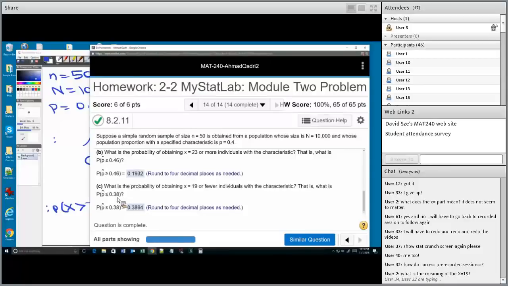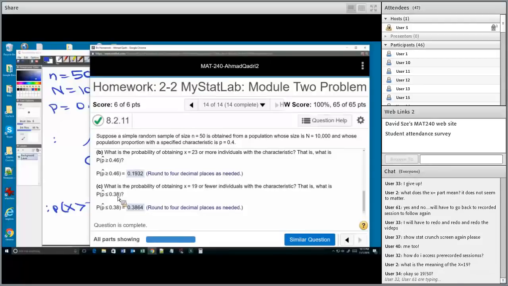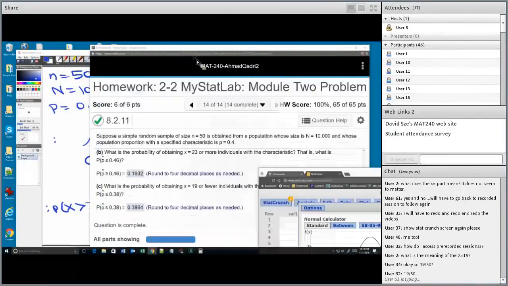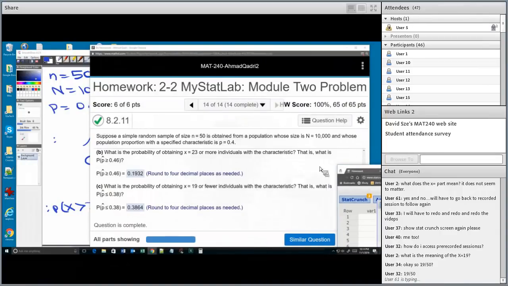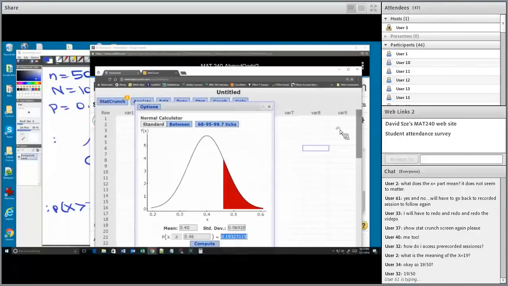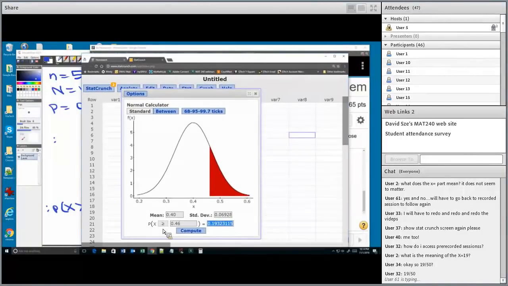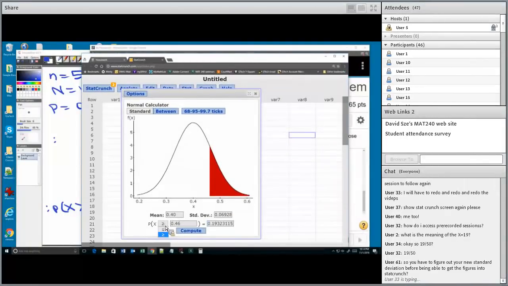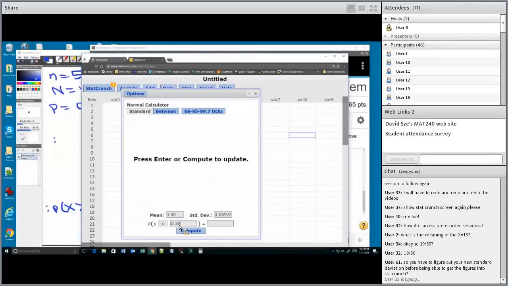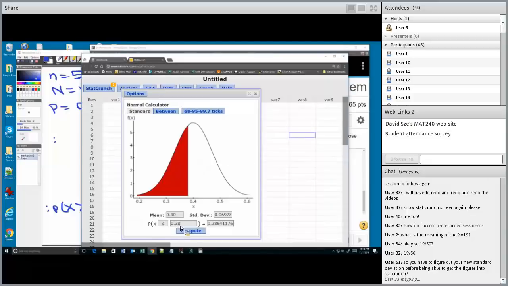Okay, 38%. So how do I do that? Yes, absolutely right. 19 over 50, which is 38%. So how do I do that? I'm going to change this to less than, and I'm just going to type 0.38 here. And you get this 0.3864.